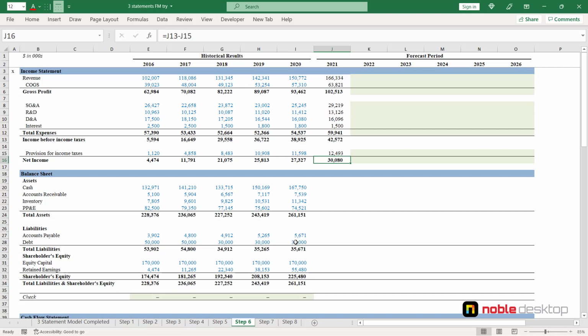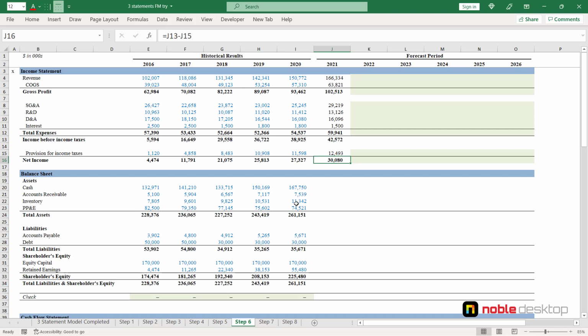So now my income statement for 2021 is ready for the first forecasted period, and I want to fill all these formulas to the right up to the cell O4. So I'm going to highlight it from the cell I'm located in.